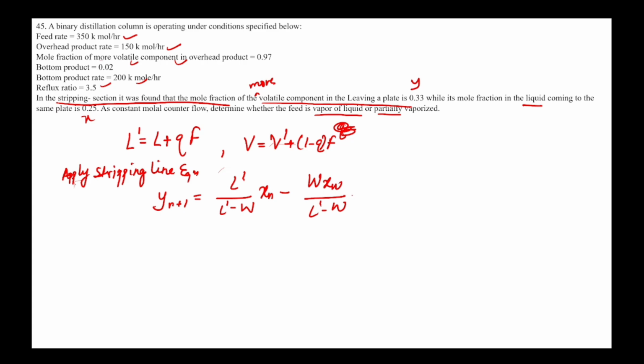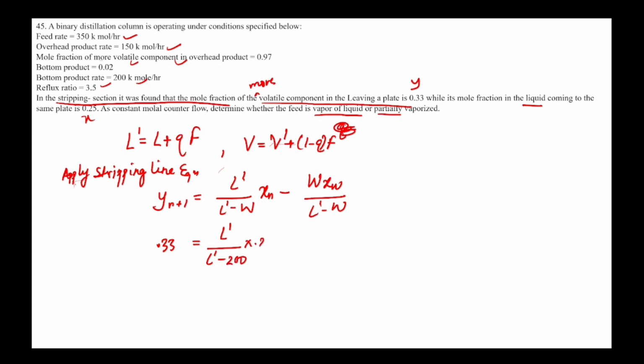Now put in the values. Yn plus 1 is 0.33. How? I have explained in the previous lectures. So we will find L dash from here. W is the bottom product rate, that is 200.